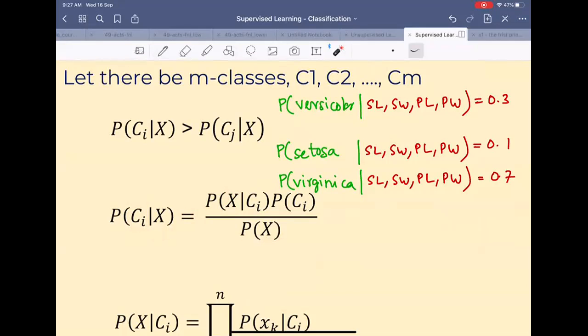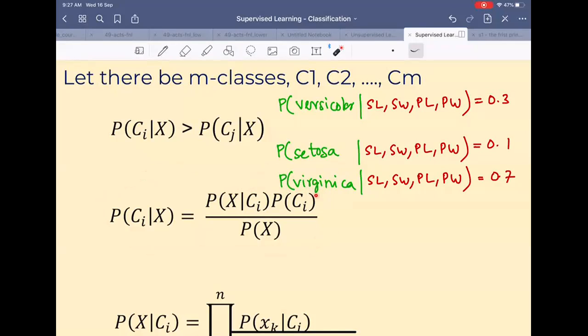Let me state that again. The probability of a class given data is equal to the probability of the data given class multiplied by the probability of a given class divided by the probability of a given data. So this is what we are trying to evaluate.